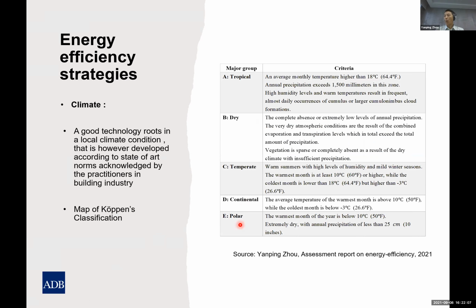A good technology is always bound to these local conditions, the geographical or climate conditions, because, as I just talked about, you have to combine your project's local limits and constraints. And always refer to a good standard, a well-acknowledged standard by professionals in this field.